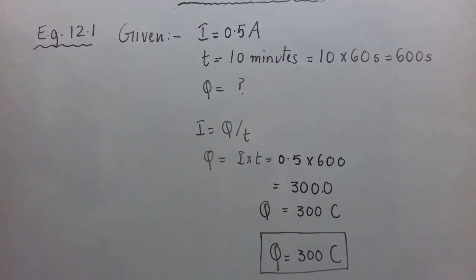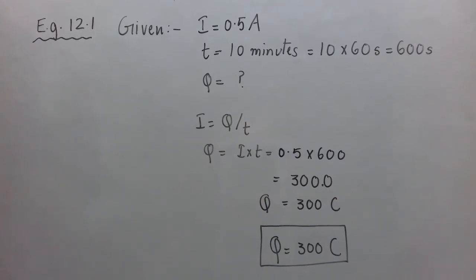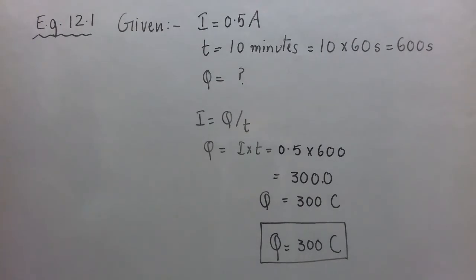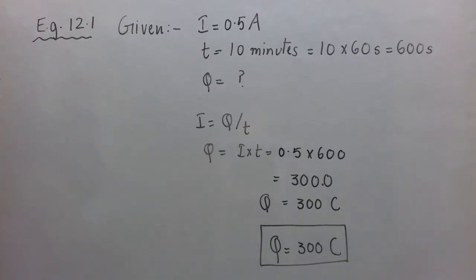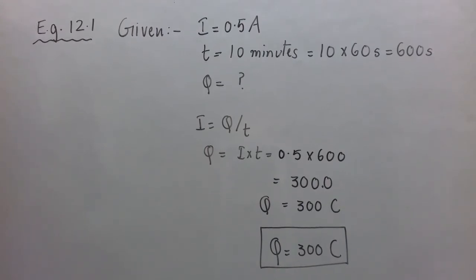So now I'll read the next example 12.2. Just listen to the question properly. How much work is done in moving a charge of 2 coulombs across 2 points having a potential difference of 12 volts? So I'll read the question again and then we'll write what is given.